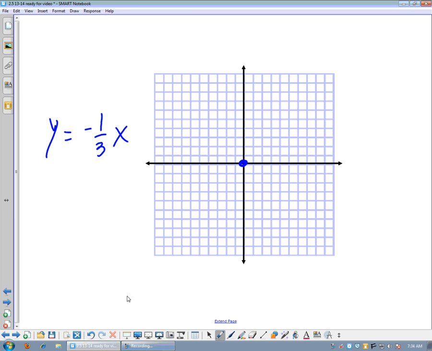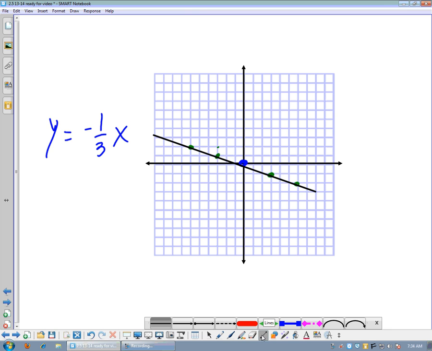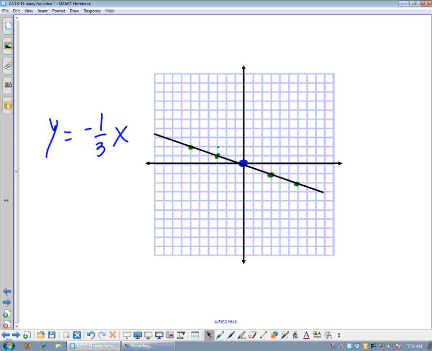And I have a slope of negative 1/3. So it goes down 1 to the right 3, down 1 to the right 3, and so on, or up 1 to the left 3. And so the graph would look like this. So that's that example.